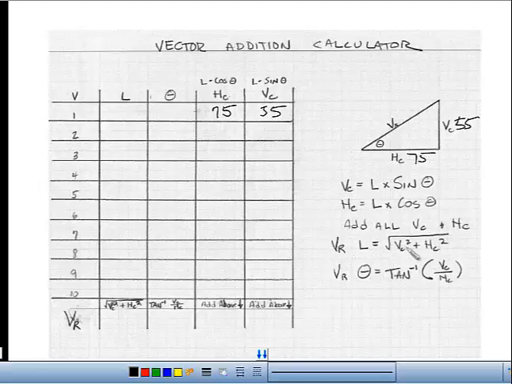Any vectors that are 90 degrees out of phase with each other, our go-to formula is Pythagorean. So if you run 55 squared plus 75 squared and take the square root, you should come up with about 93 units, whatever that is: ohms if it's in series, amps if it's in parallel, volt-amps if it was power.